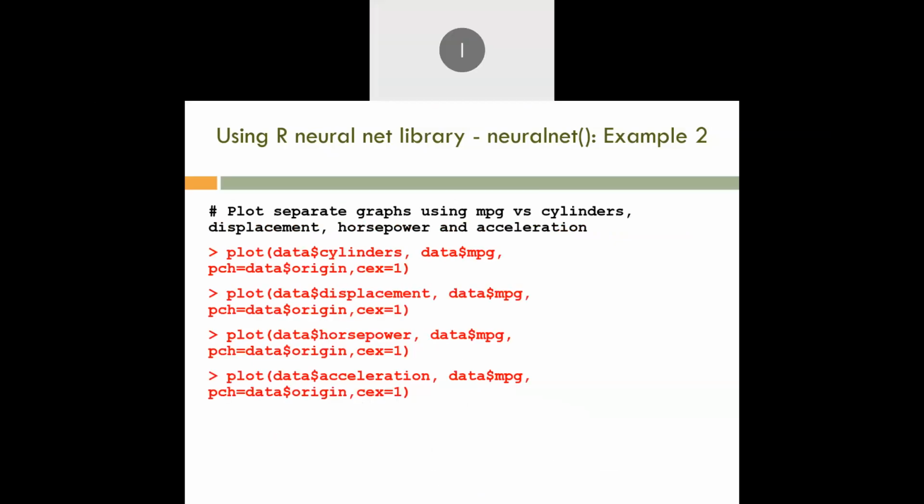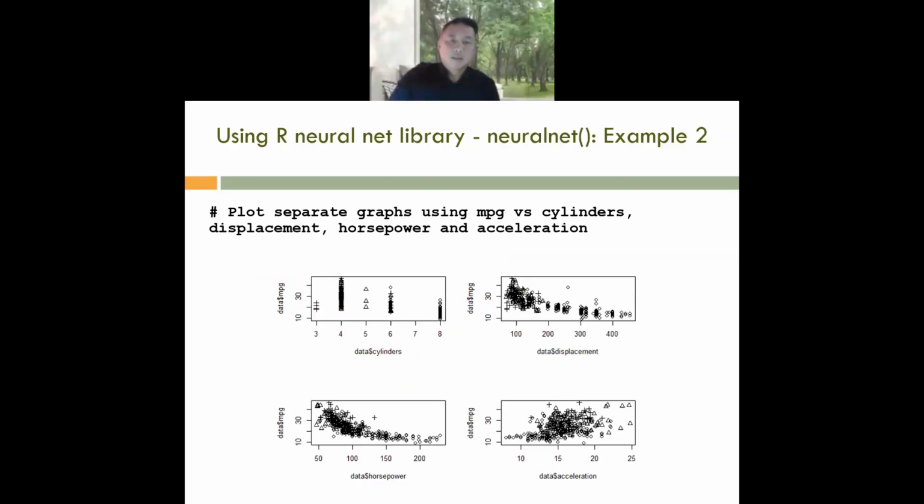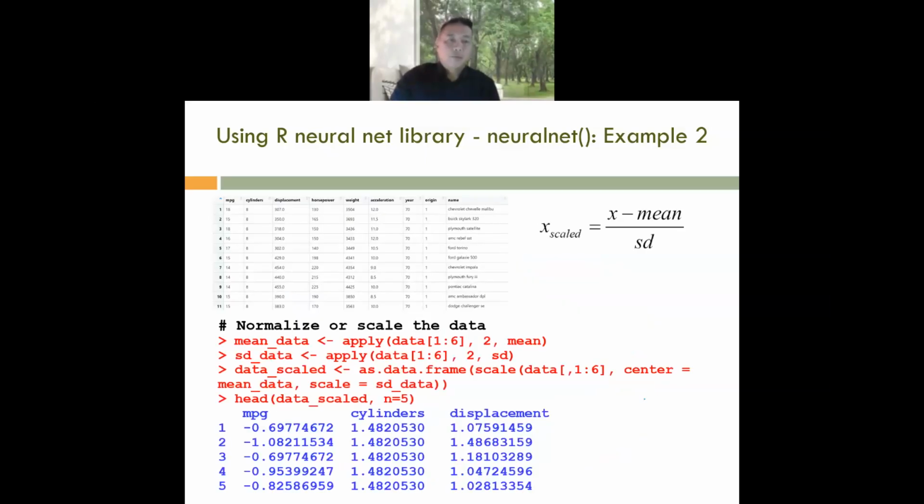So if you want to look at the relationship between the miles per gallon and also the cylinder, displacement, horsepower, and acceleration, we could use the plotting command. You can see the horsepower has a linear relation, or the displacement, or the acceleration.